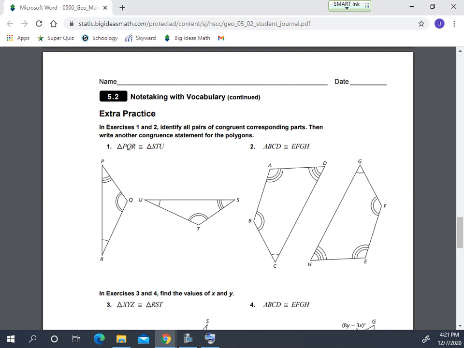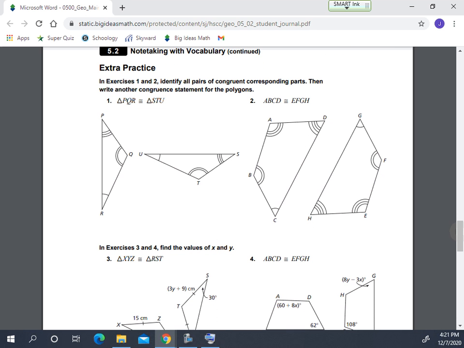Moving on. In exercises 1 and 2, identify all pairs of congruent corresponding parts. Then write another congruent statement for the polygon. Okay. Well, what do we know about angle P? It is congruent to what? See, this one has 3 marks here.